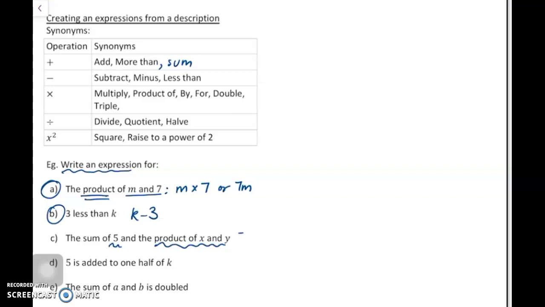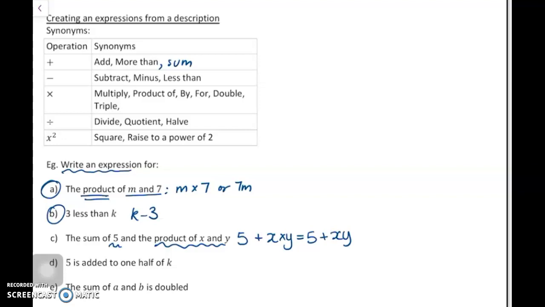So let's write that down: 5 plus the product of x and y. Remember, the product is multiplication, so 5 plus x times y. And remember, we can write down terms without the multiplication sign, so we can write this as 5 plus xy.